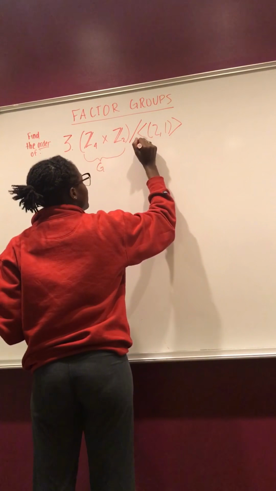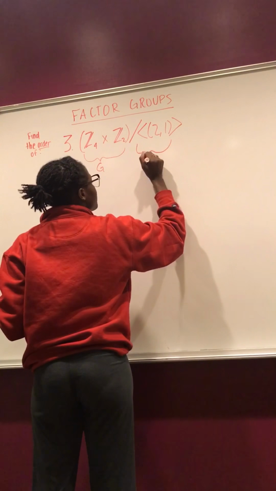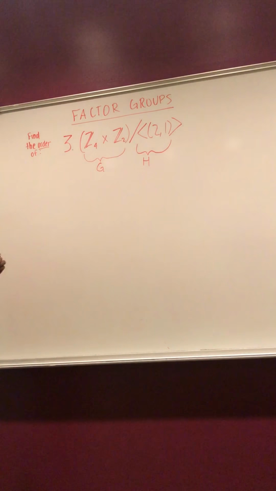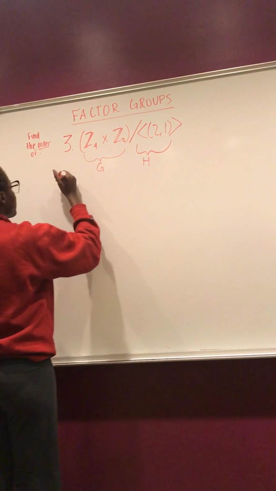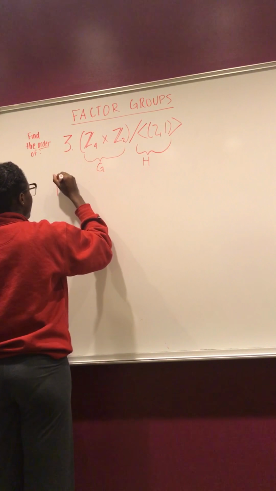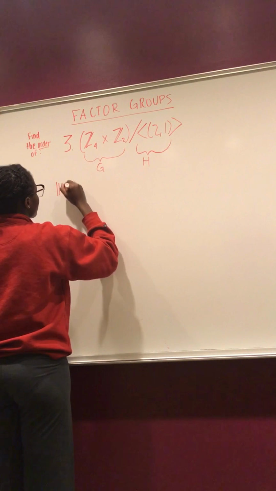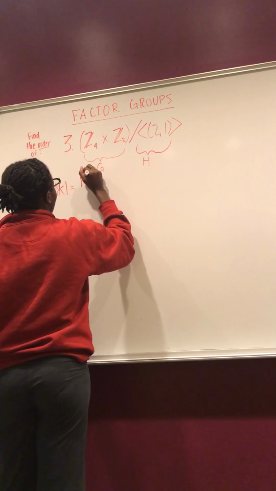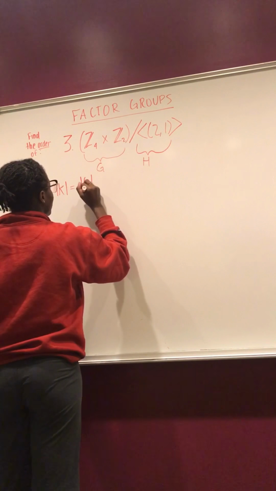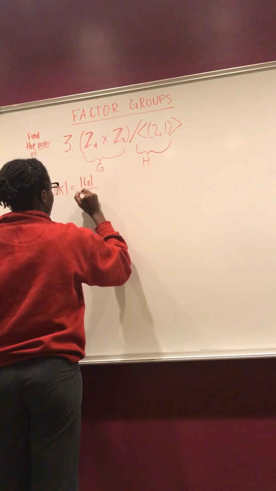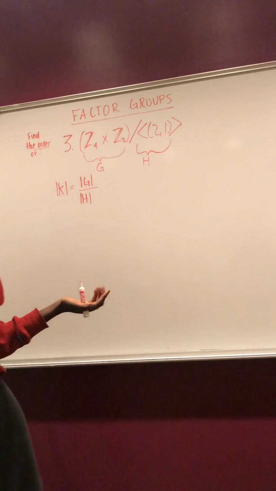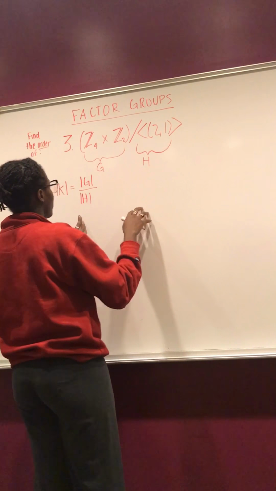And then here we have our subgroup, H. In this problem, to find our order, the first thing we want to do is write down the formula for that, which is the order of K equals the order of G over the order of H. So, how do we figure that out? First, we'll go ahead and write it out formally.